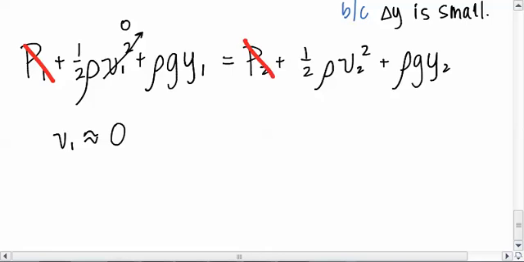That's because it takes a while for you to even see that the pool level is going down because it's so big. So then that leaves us with 1/2 rho, oh, that was canceled out. So we're left with rho g y1 is equal to 1/2 rho v2 squared plus rho g y2.